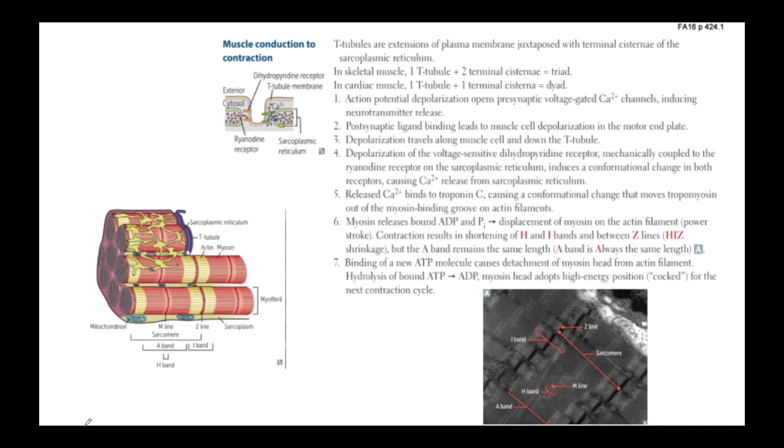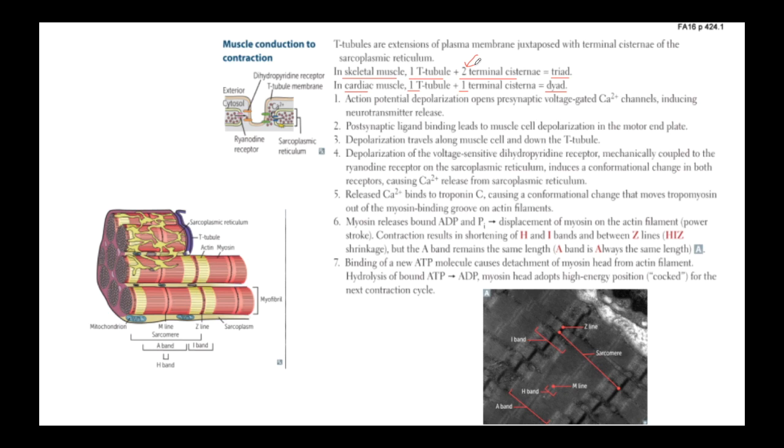Just to point out some differences, we're primarily talking about skeletal muscle today, but when we want to differentiate skeletal from cardiac, our skeletal muscles have one T-tubule and two terminal cisternae, versus the cardiac having just one of each. So skeletal muscles have a triad, while cardiac muscles have a dyad, but you do want that extra sarcoplasmic reticulum calcium stores coming in there.